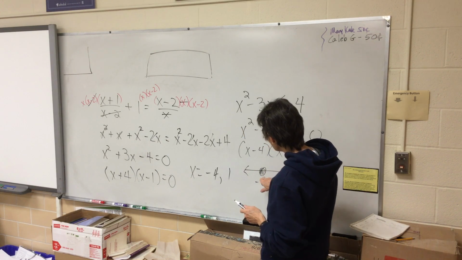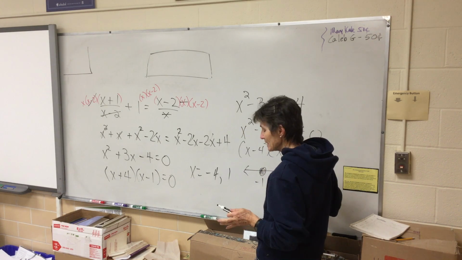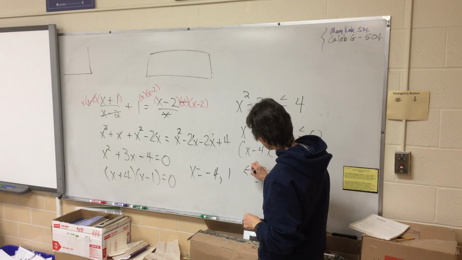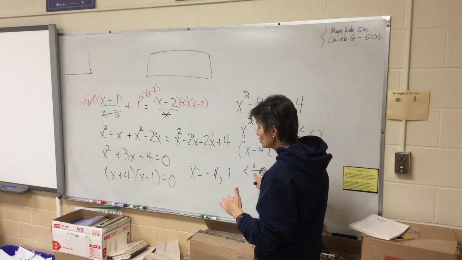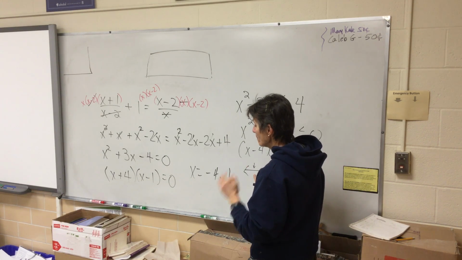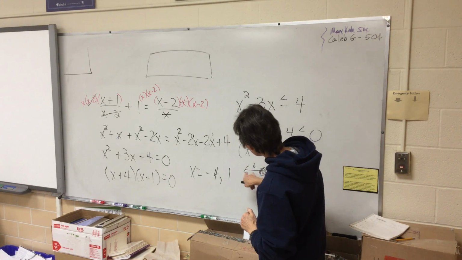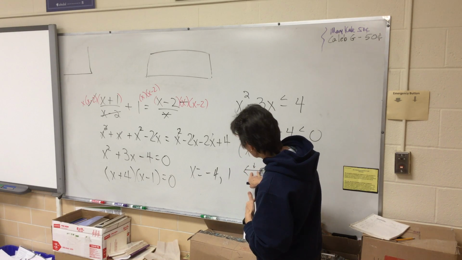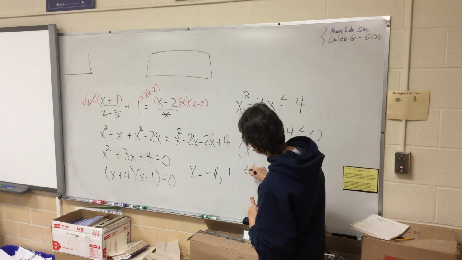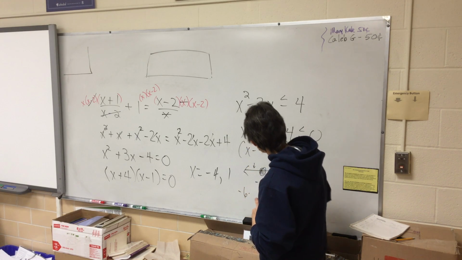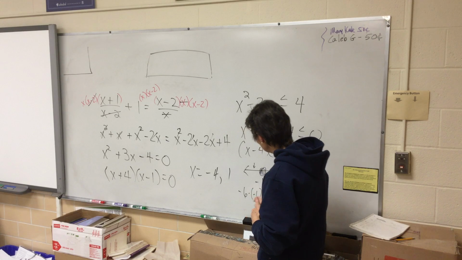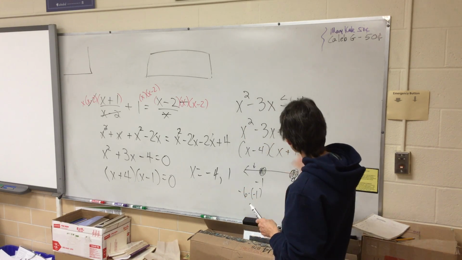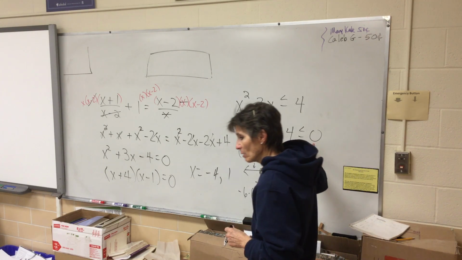But as long as it's not a -1 or a 4, you can plug in anything you want. You want to plug in -2, I'm good with that. It is right here. Pay attention to where the number is that you're checking. You are checking -2, so you're asking yourself, do I shade this or not? Well, if I put in -2, I'm going to get -6 times -1. Is -6 times -1 going to give me less than 0?